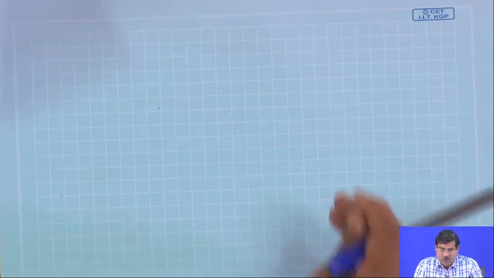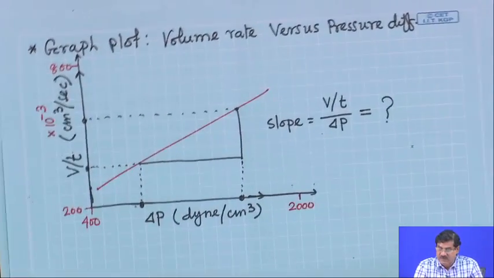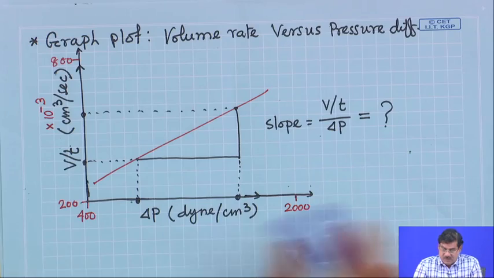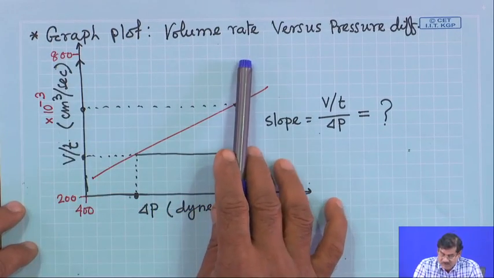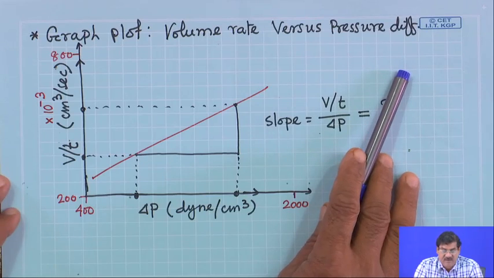Now we have to plot a graph of volume rate versus pressure difference.